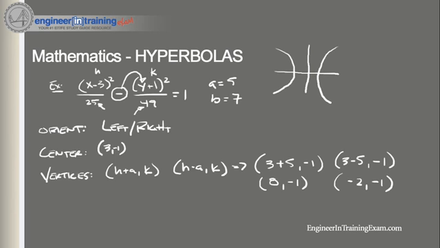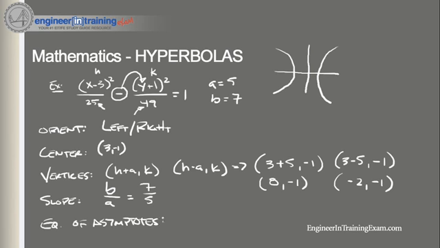So next we should get the slopes of the asymptotes. These are always the square root of the number under the y term divided by the square root of the number under the x term. So the slope is always b over a, which in this case is 7/5. Now that we have all this information, all we need to do is plug in what we've determined.